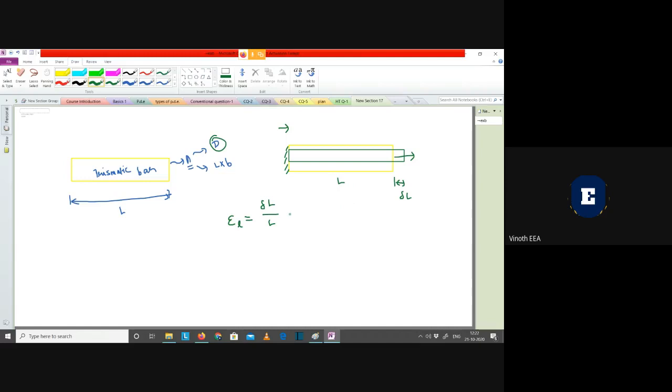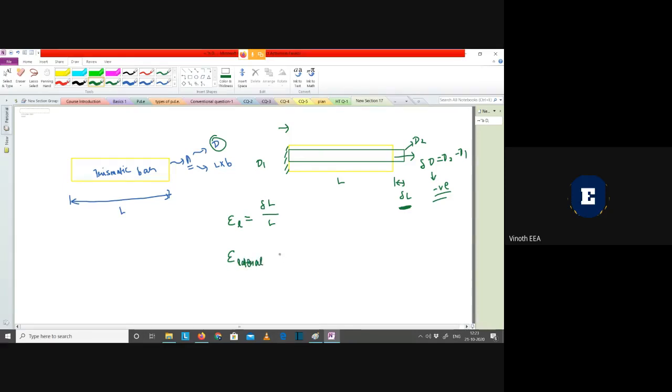If the member is extending in the longitudinal direction, then the diameter is decreasing. Let the initial diameter be d1 and the final diameter be d2, so the change in diameter is d2 minus d1, which will be negative. So if I apply a longitudinal load, in addition to strain in the longitudinal direction, strain will also be there in the diametrical or lateral direction.